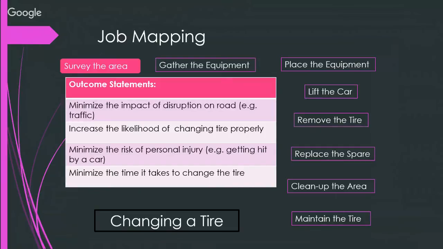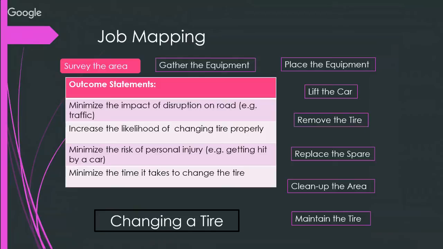The first concept that was presented is job mapping. With job mapping, basically you have your job and you break it down into steps. And within those steps, you have your outcome statements.